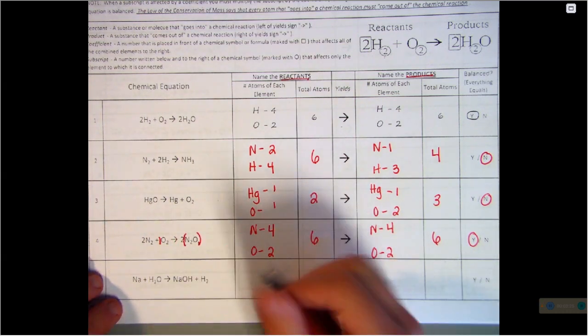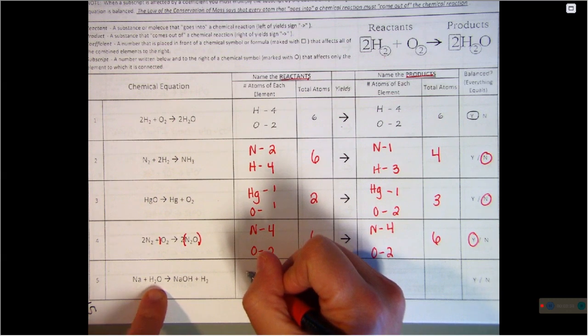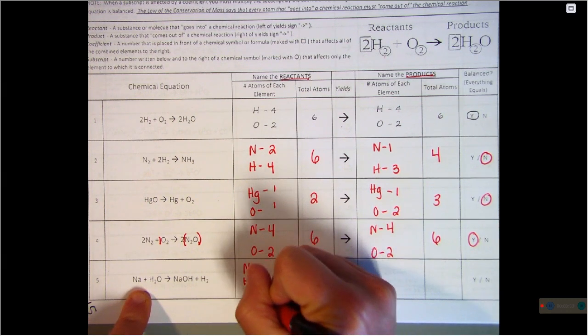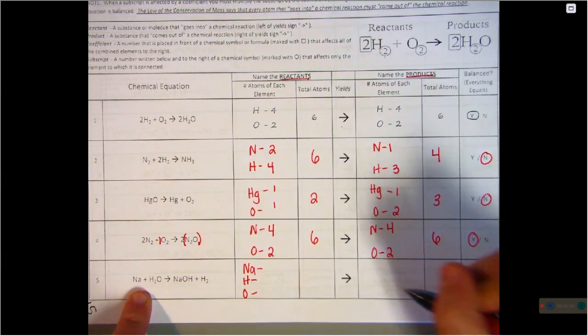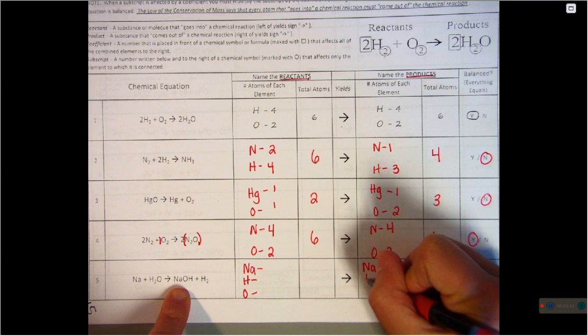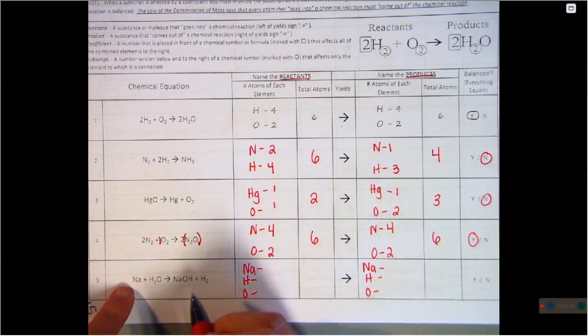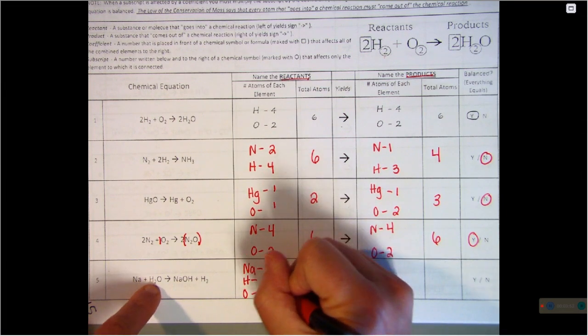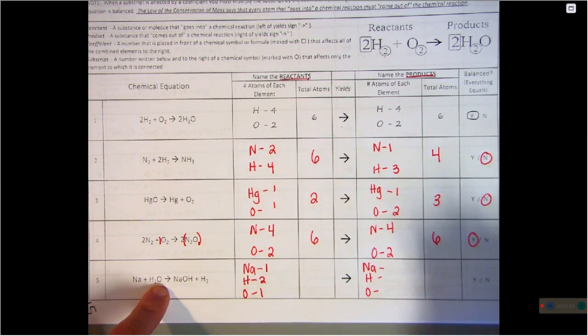All right, here on the left side, be sure you list all of the atoms. I have sodium, hydrogen, and oxygen. On the product, I have sodium, hydrogen and oxygen. Write them in the same order, even though they're not in the same order. For sodium, I have 1 here, I have 2 H's and 1 oxygen.